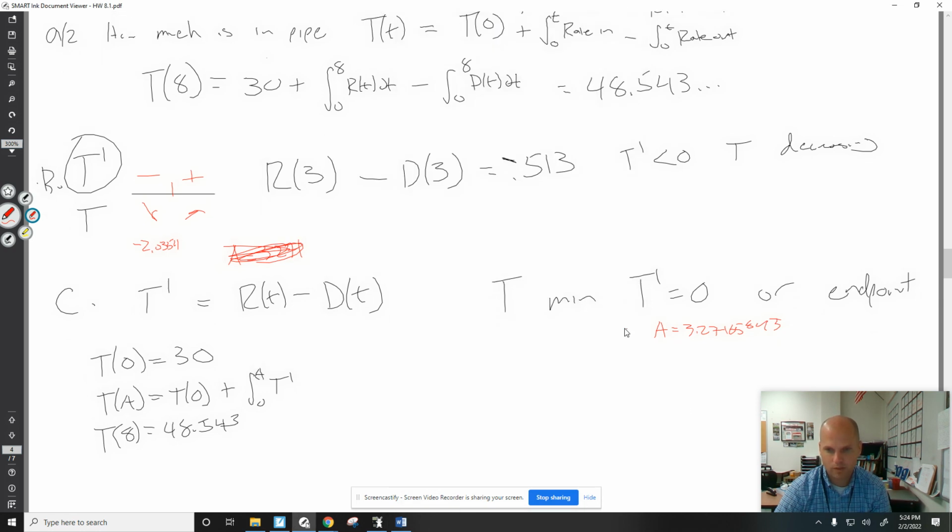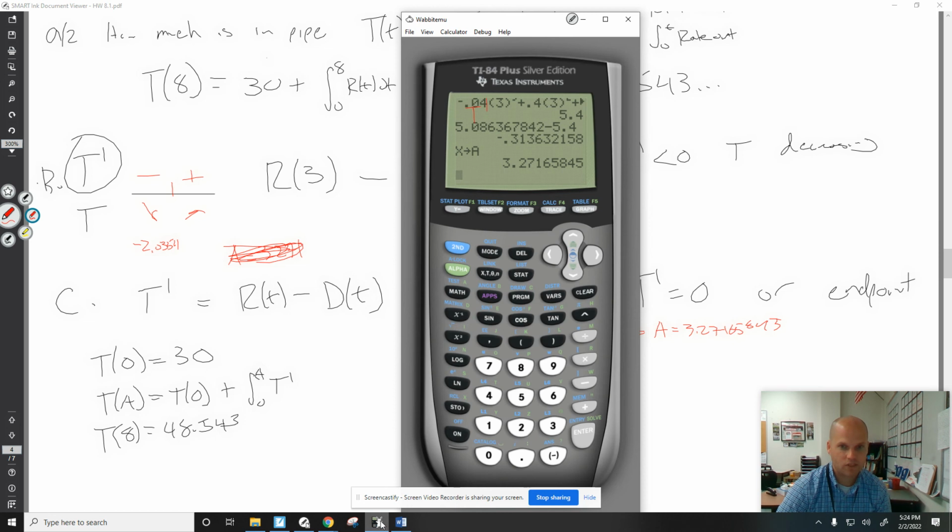That's when T prime equals 0 at this time. And then make sure it's put T and then equals A. Boom. And that's how much I'm going down. I could take my answer, which is my displacement, add it to 30, and boom, 27.964 is how much water is in my tank or my pipe or whatever.